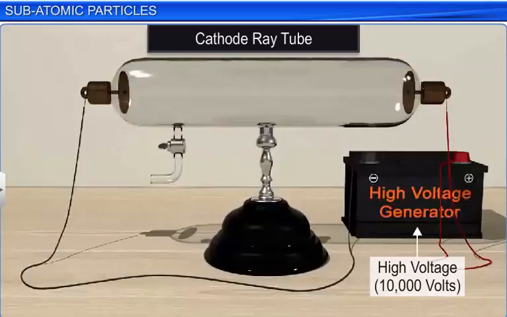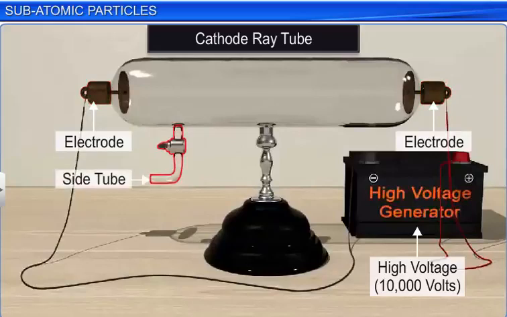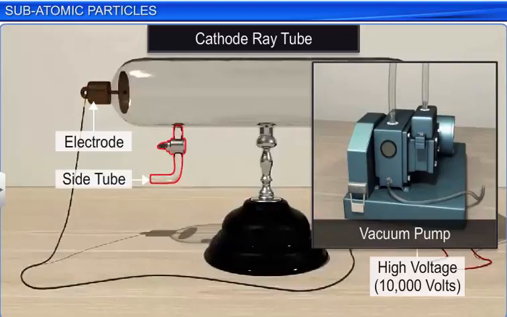The discharge tube was sealed at both ends and was fitted with a thin piece of metal called electrodes at each end. It had a side tube fitted with a stopcock that connected with a vacuum pump to control the pressure of the gas or air contained inside the tube.